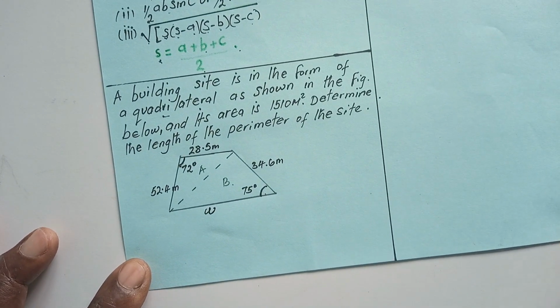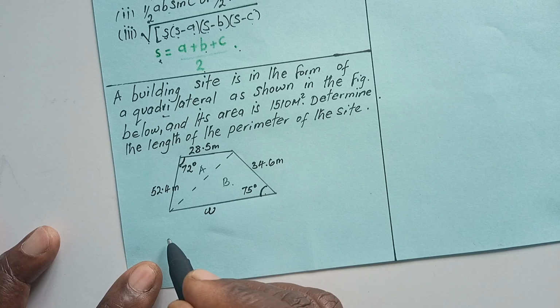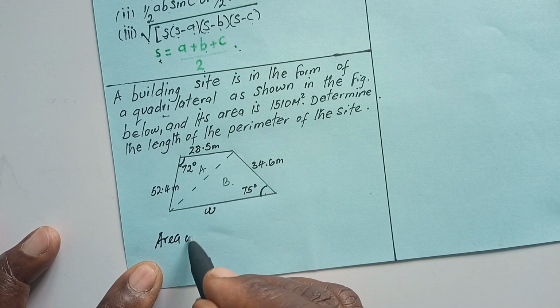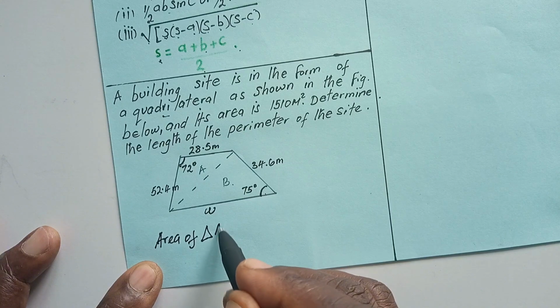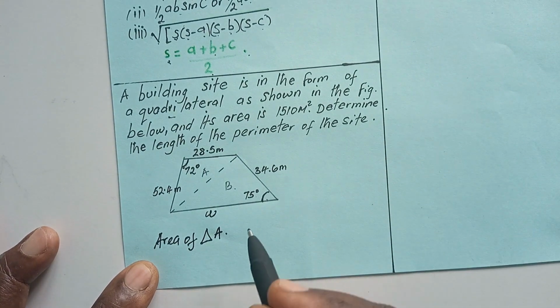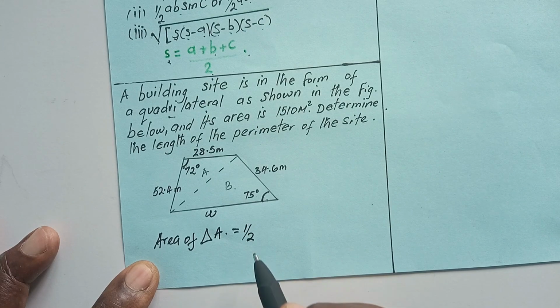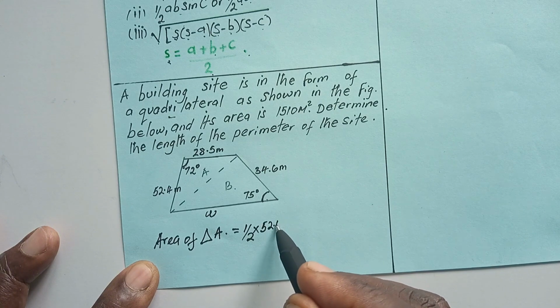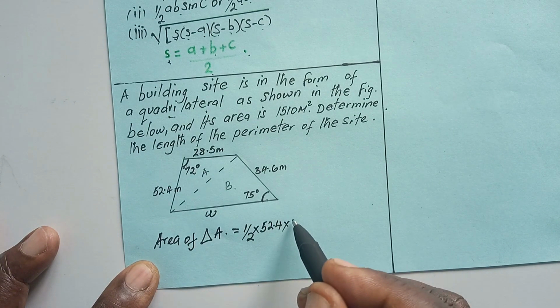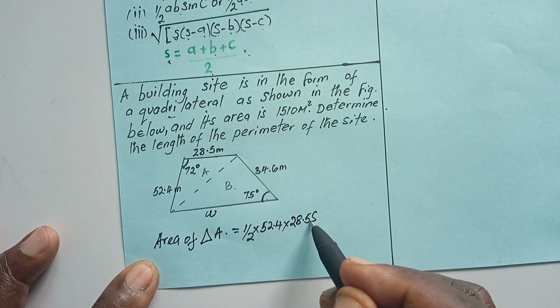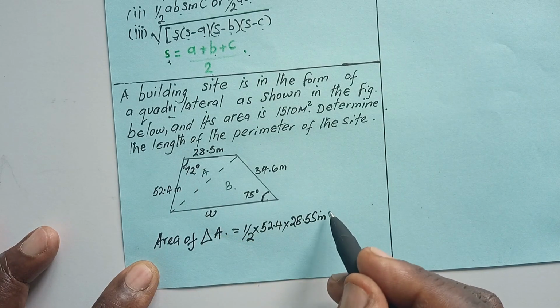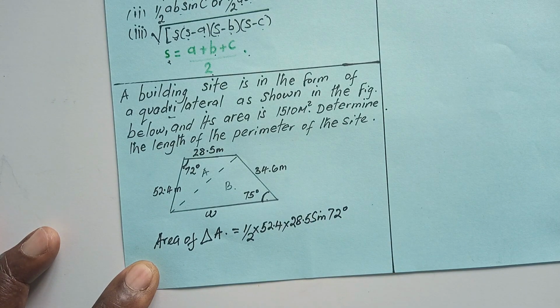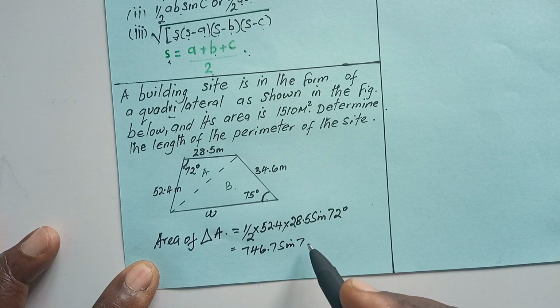To approach this one, we have to find now the area of triangle A. We can apply the formula: area is equal to a half multiplied by 52.4 multiplied by 28.5 sine of the included angle, sine 72 degrees, which is equal to 746.7 sine 72 degrees.